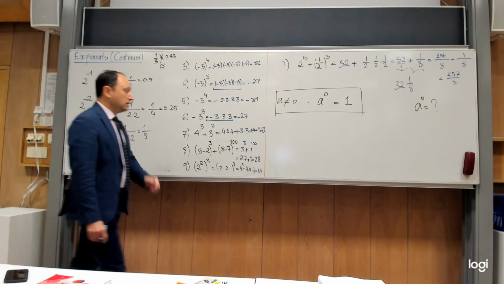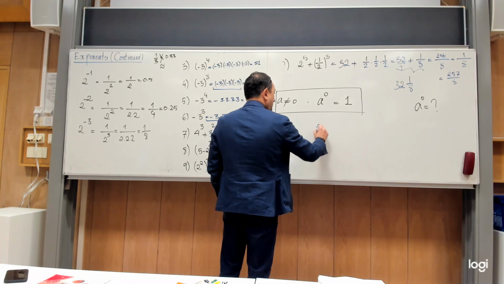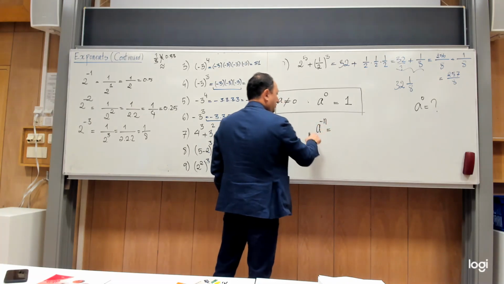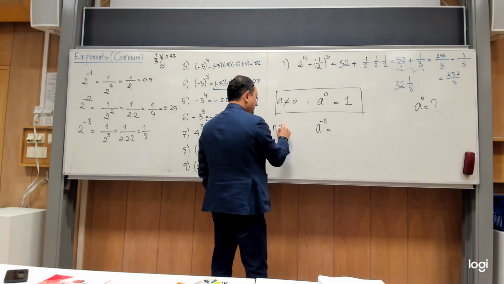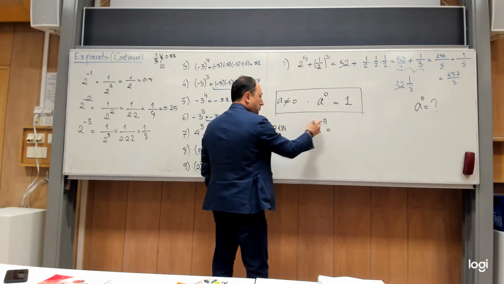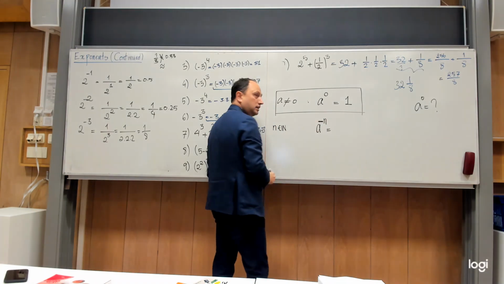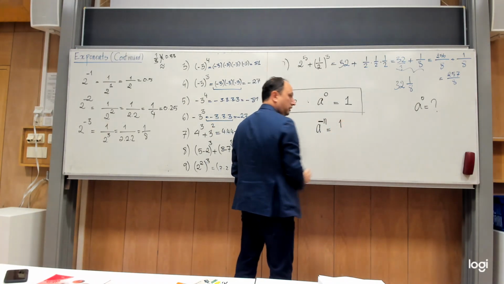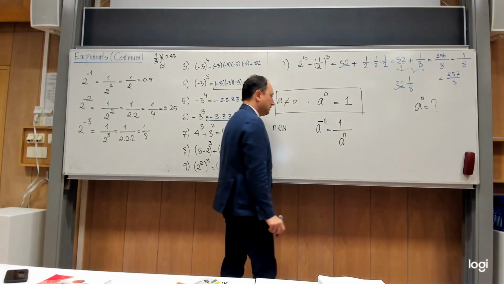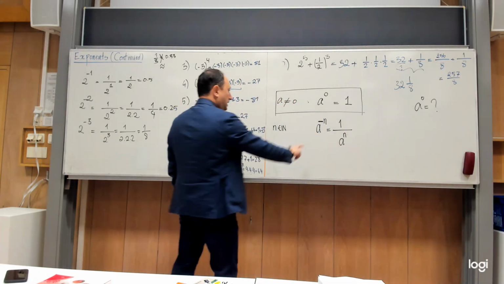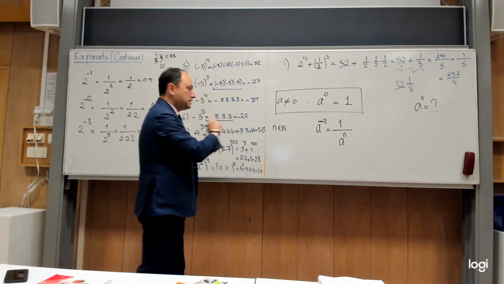Okay, so now if you see a to the power of -n, what is the meaning of this if n is positive? If n is a natural number but you have a negative sign here, then you write 1 divided by a to the power of n. But here I have to have a limitation for a.